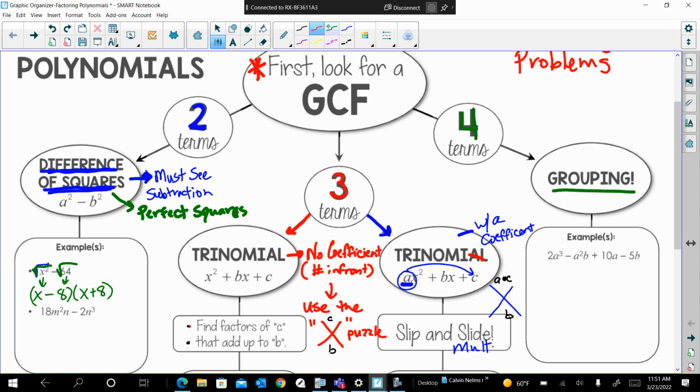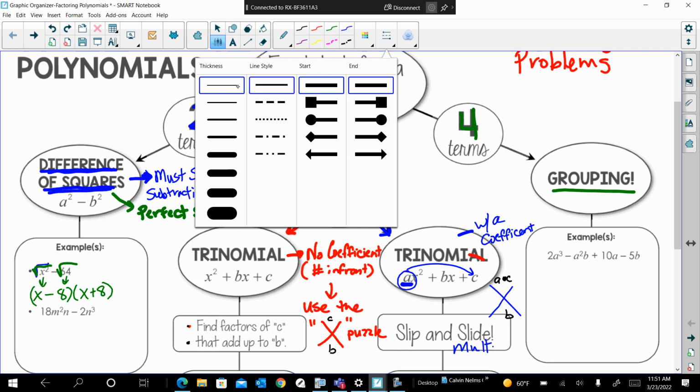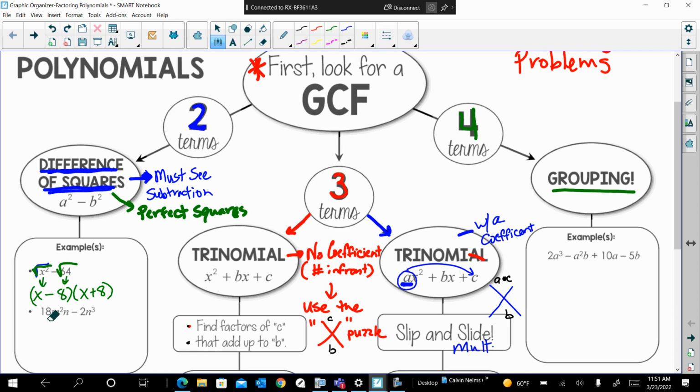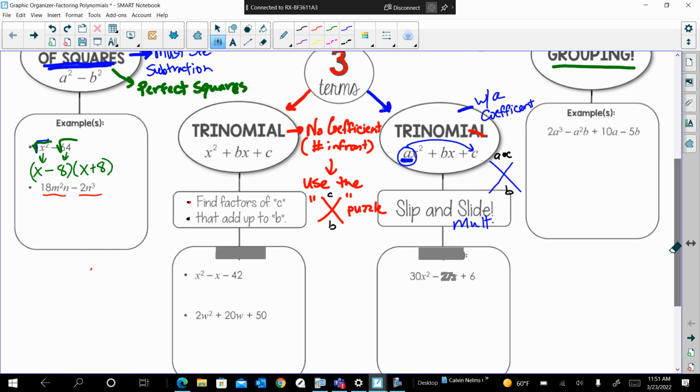Now, for the second example here, you always look for a GCF first. So is there a greatest common factor between our 18m squared n and our 2n cubed? What's the GCF? 2, that's the number. There's also a variable. Yeah, 2n. Okay, so we're going to divide both terms by 2n.